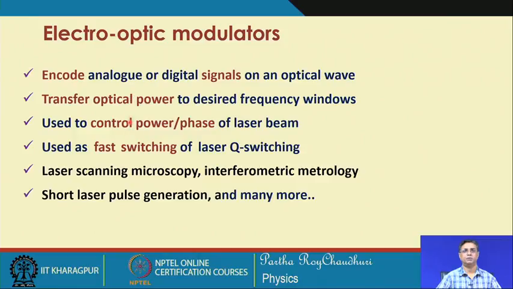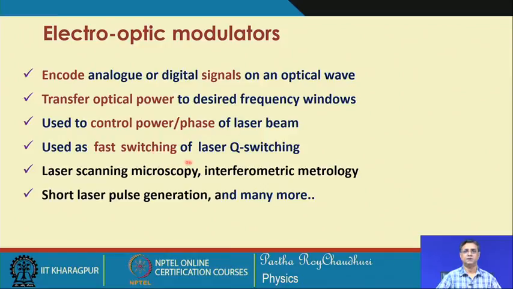Electro-optic modulators are used to control power and phase, which is nothing but the same: if I can control the retardation, the phase delay, then under amplitude modulation it can be used to control the power. The phase can also be controlled; we have discussed that one has to launch the light into one of the eigenpolarizations of the crystal, and to use it as a phase modulator, used as a fast switch.